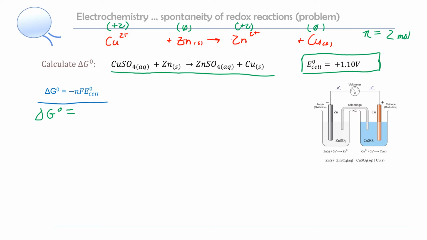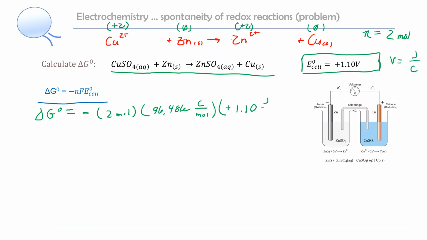So in this equation, negative 2 moles of electrons, Faraday's constant, 96,486 coulombs per 1 mole of electrons, and our cell potential, as predicted from the standard reduction tables, is 1.10 volts. From a unit perspective, this is important: a volt is a joule over a coulomb.